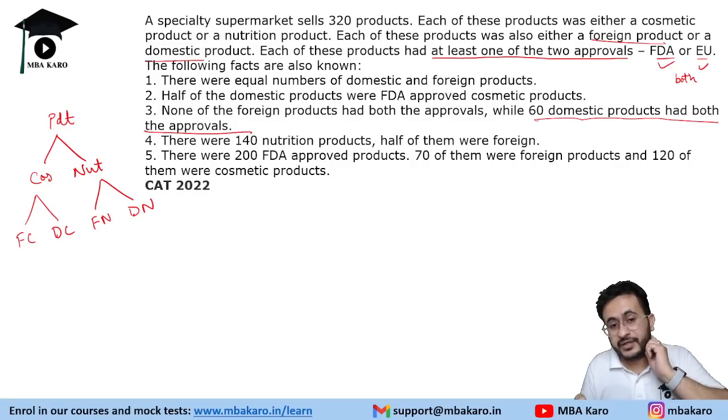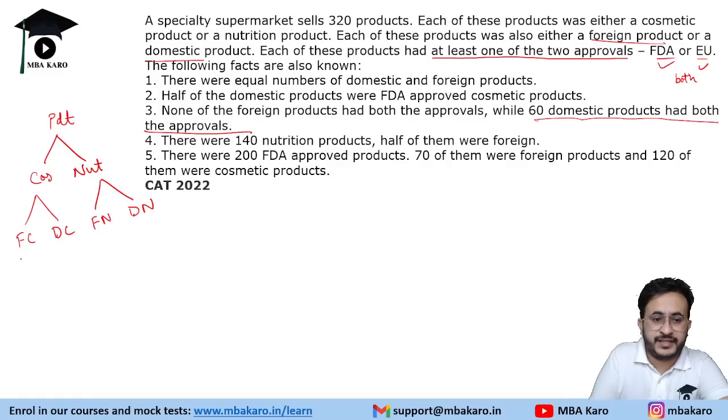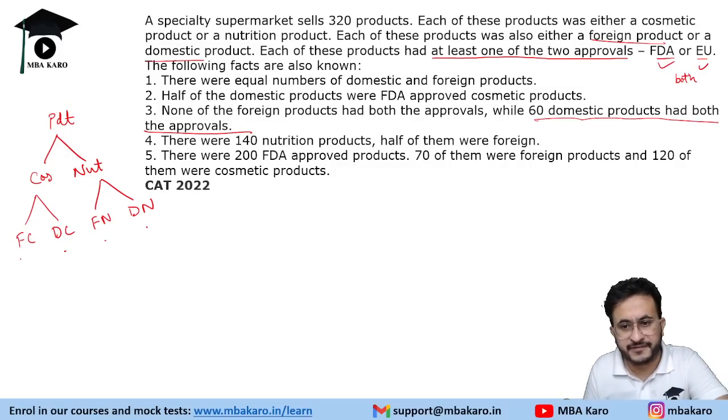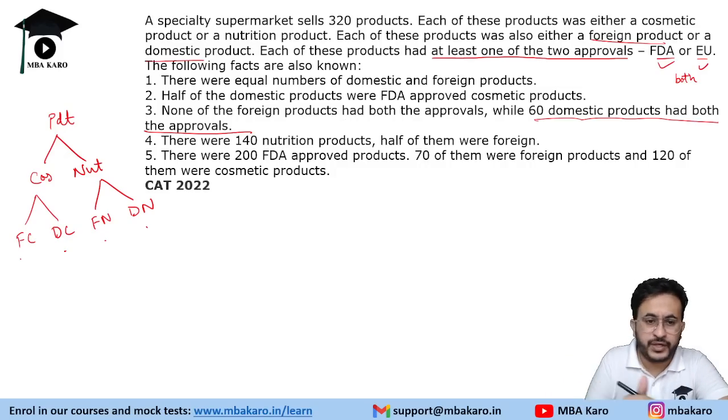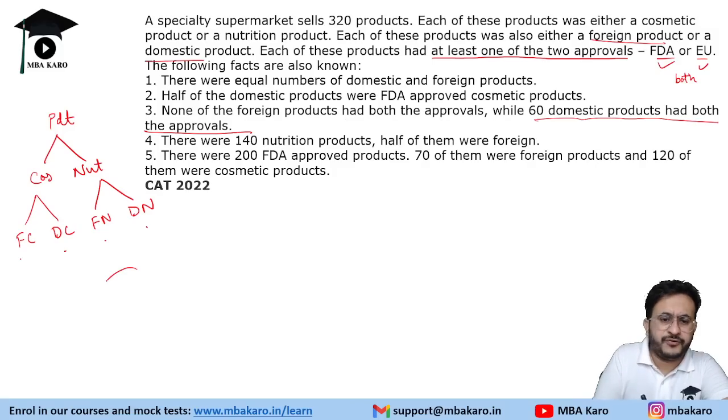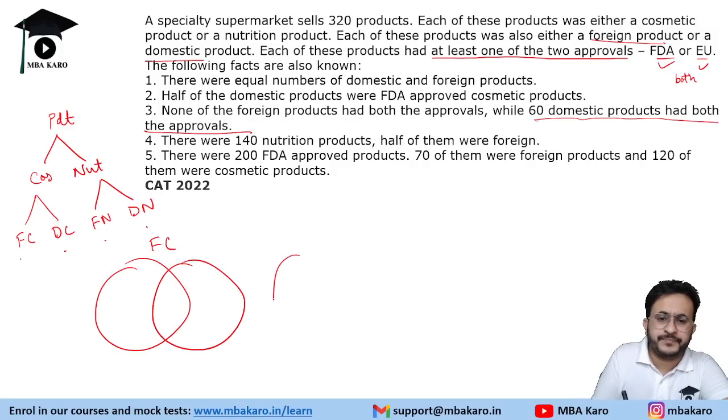Now in this question, the visualization part was the key. For these four categories, the individual elements like foreign cosmetics and domestic cosmetics will be entirely different values. They will not overlap. So you can choose to make a four set Venn diagram, or you can make four Venn diagrams of two sets. Like this is foreign cosmetics.